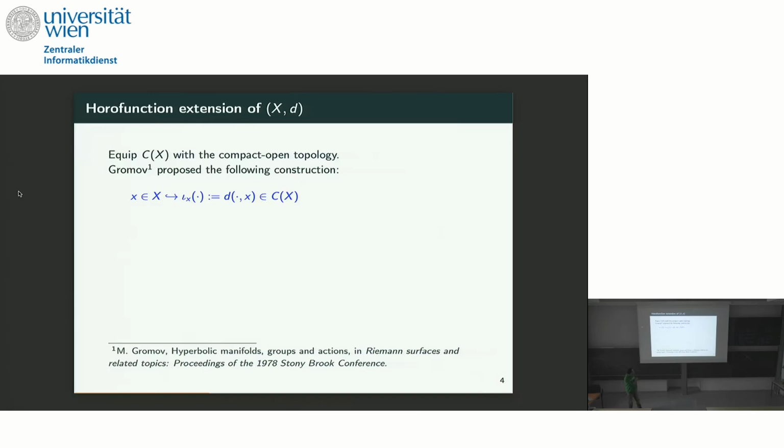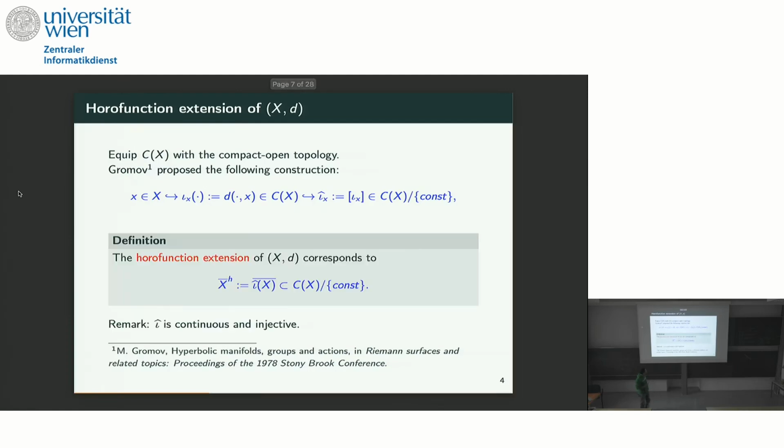Each x was sent to the evaluation map of the distance function to a given point. And then he considered on the continuous functions the compact-open topology, because if the space is not bounded, we cannot put the infinity norm here, for instance. And he took a quotient with the constant functions.